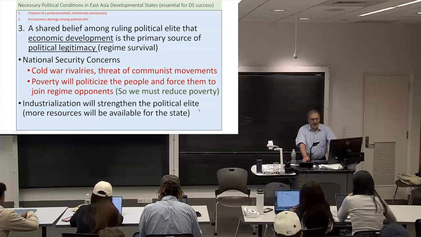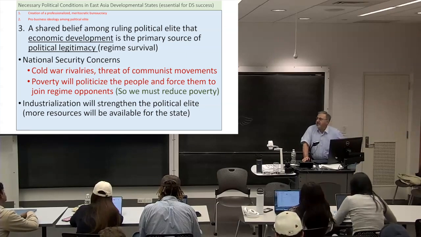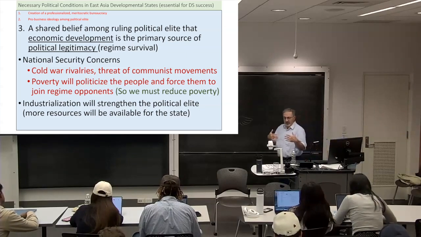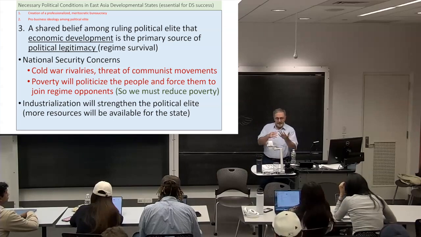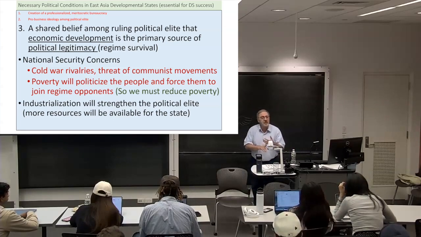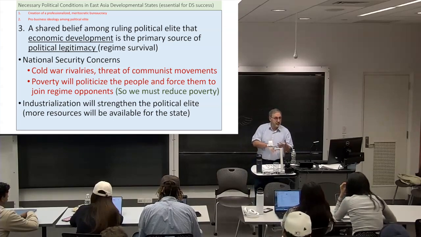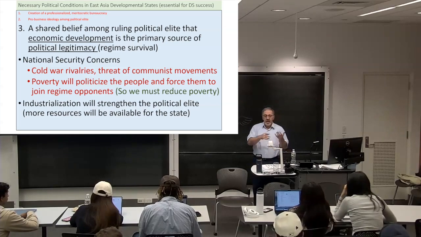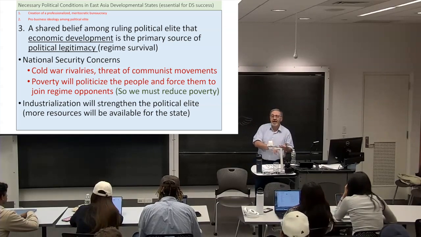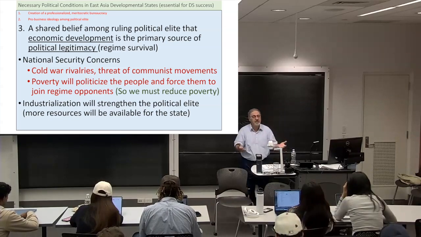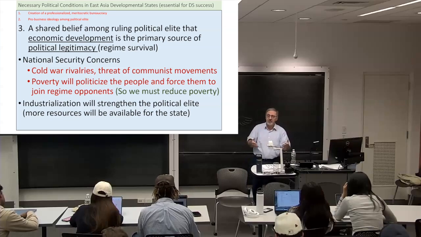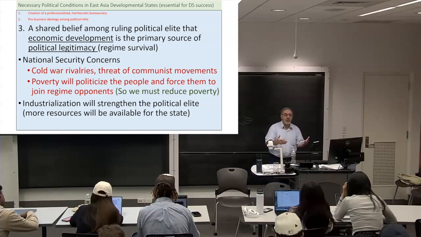How does that happen? When you are successful and bring about economic development and economic growth, government enterprises will generate more profits, which goes to the government. Industry pays more taxes. That means more resources for government. And that allows the government to have a larger bureaucracy, pay better wages, develop a larger army.